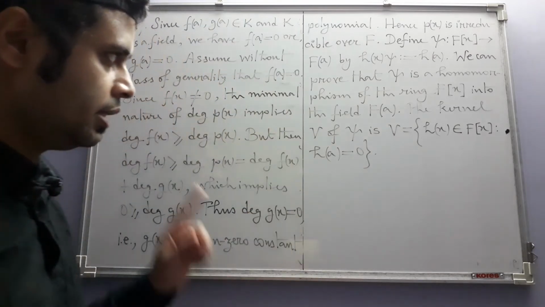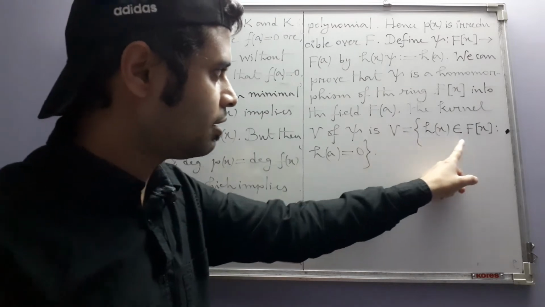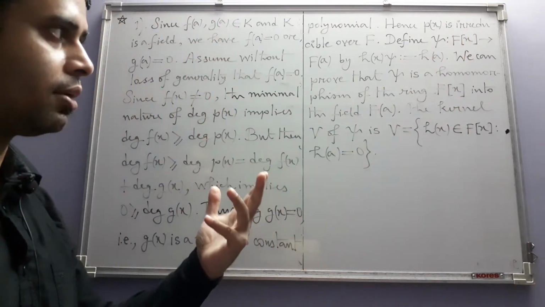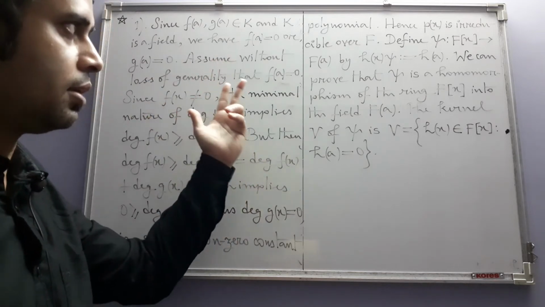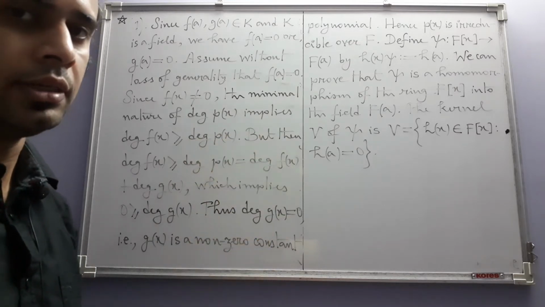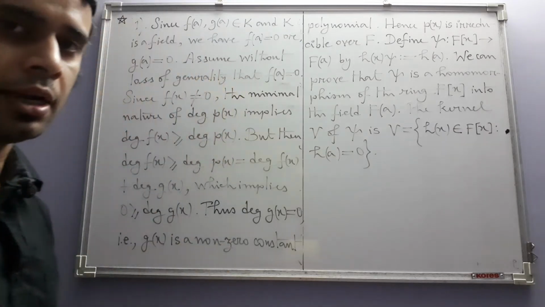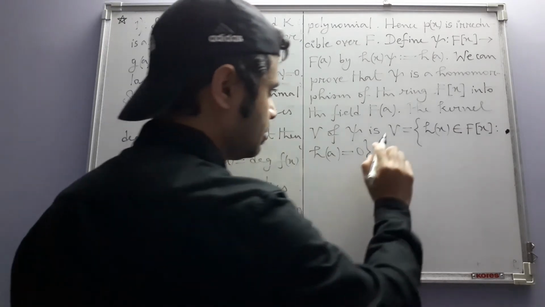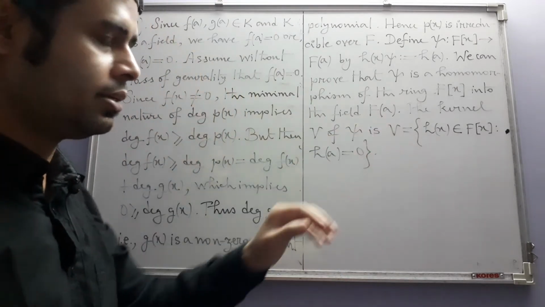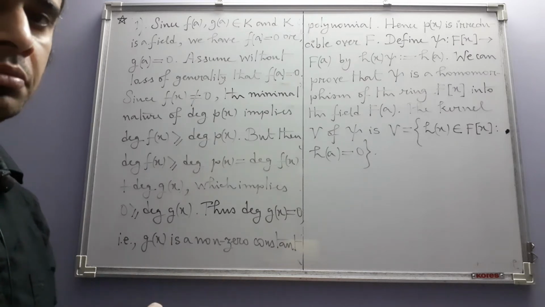Okay, now recall that since this is a ring homomorphism, this kernel V is an ideal of F[x]. But we have already proved before in our section on polynomial rings that F[x] is a Euclidean ring. So this ideal will be a principal ideal, and in fact the element that will generate this ideal will be an element having the minimum d value.